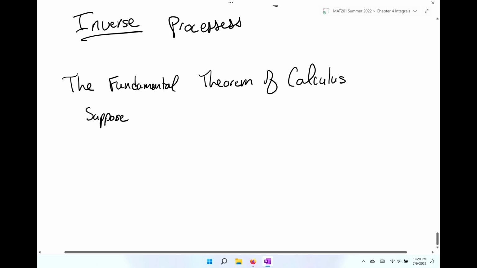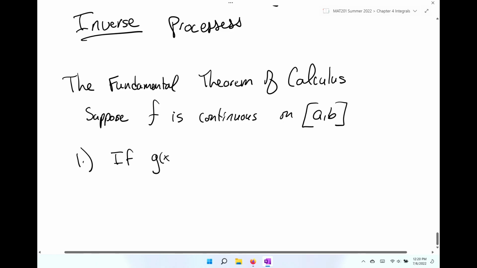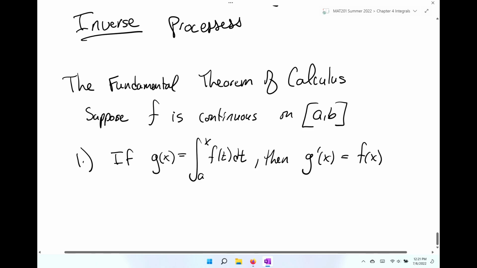Let's suppose f is continuous on a closed interval from a to b. Part 1 says, if g of x equals the integral from a to x of f of t dt, then the derivative of g of x equals some function of x, and that function of x is when you substitute in x for t.